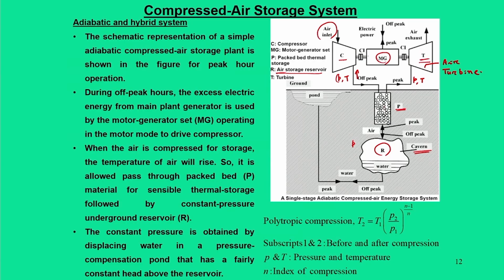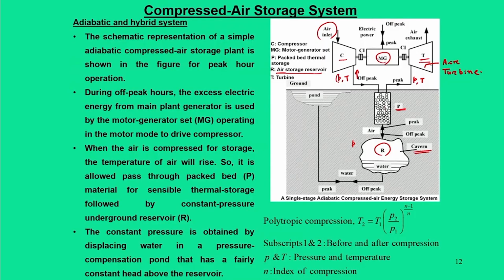So, when you allow this air to enter the turbine, its temperature is reasonably high enough so that during its expansion phase it does not condense. Through this the system operates. So, this is how a single stage adiabatic compressed air storage system operates during a charging phase and a discharging phase.